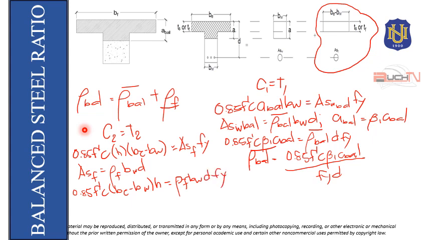So, creating a rho_f equation, rho_f is now equivalent to 0.85 f'c times h times B_E minus B_W divided by B_W d f_y. Yan na ngayon yung rho_f natin.